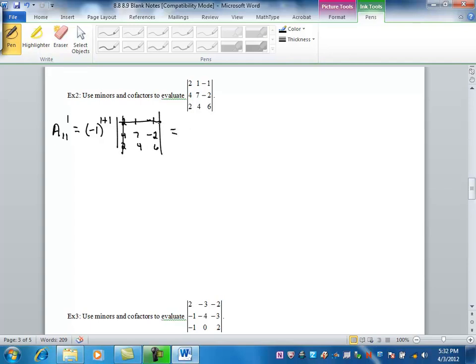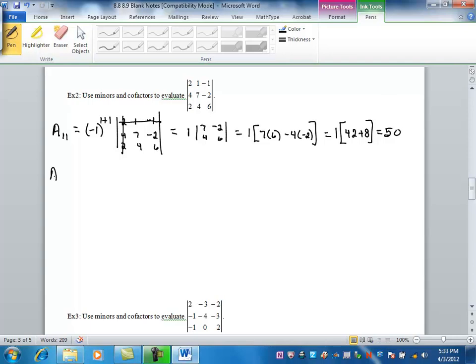So this is going to become -1 to the 1 plus 1, which is +1, times the determinant of the 2 by 2 matrix 7, -2, 4, 6. So we have 1 times 7 times 6 minus 4 times -2. 1 times 42 plus 8, which is 50.